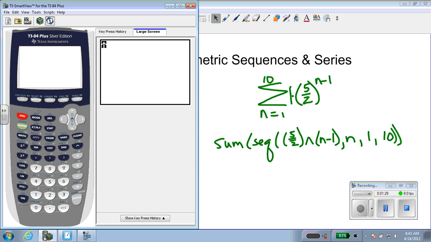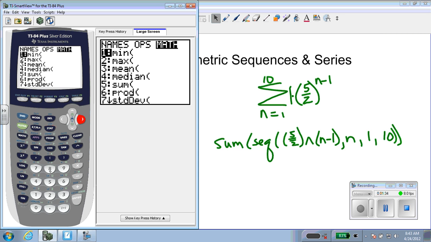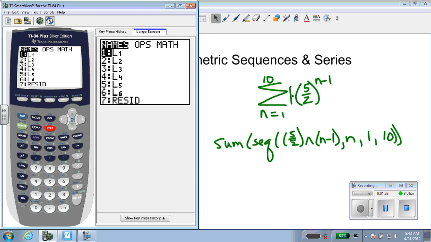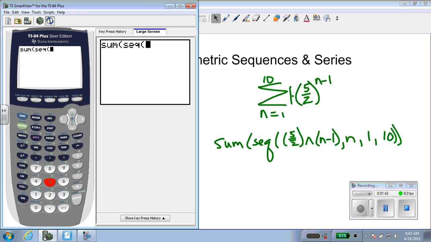The second function of statistics is list, math item 5. Second function of statistics is list. Under ops is sequence. I need a parenthesis for my fraction, 5/2, raised to the, and I need a parenthesis for my power.